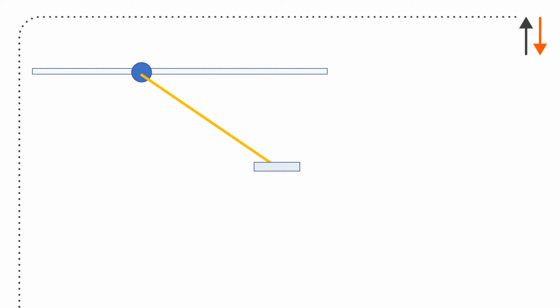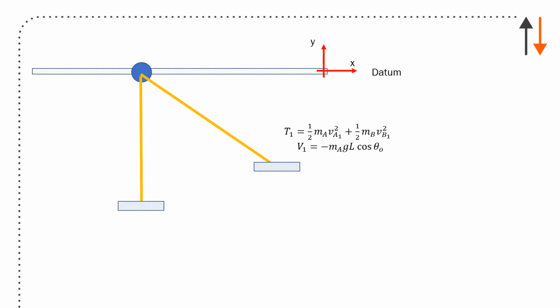When I'm starting out this problem, I'm looking at a problem which I've simplified here. There's the swing, there's the trolley, and there's the length. If I do that, I have T1 of the system, which is 1/2 MA VA1 squared plus 1/2 MB VB1 squared. I have V1, which is minus MA g L cos theta naught.